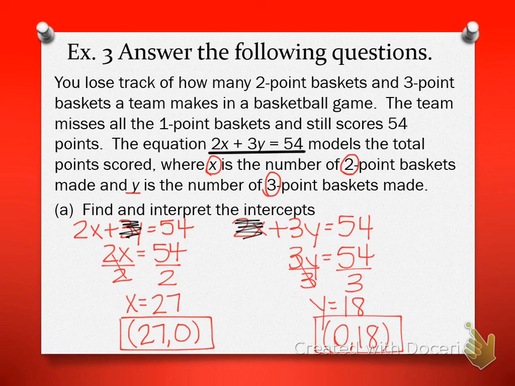So this is not an and situation. This is an or situation. The team either scored 27 2-pointers and 0 3-pointers, or 0 2-pointers and 18 3-pointers. And that's lesson 3.4.